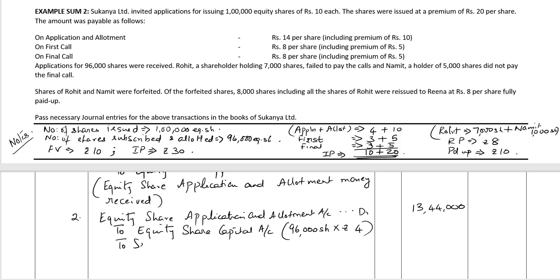And to securities premium reserve account. 96,000 shares multiplied by rupees 10 per share premium on application and allotment. The amount against securities premium reserve is 9,60,000 rupees, and the amount against equity share capital is 3,84,000 rupees.